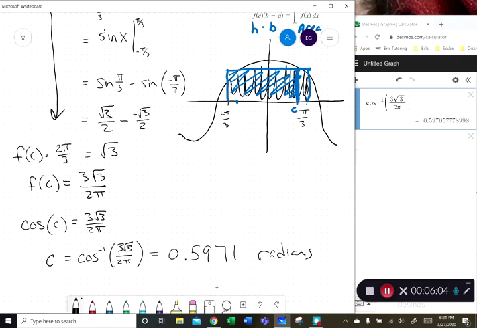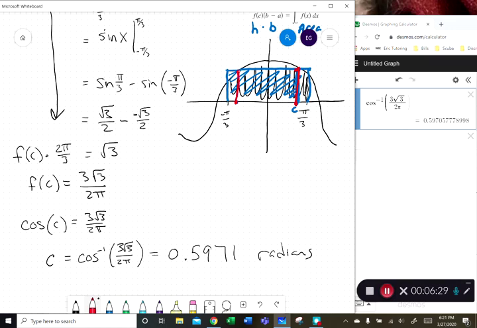You could also answer this question in terms of degrees, but that's not important. What is important, which you can see by my rough sketch up here with the blue rectangle, is that there are 2 x values whose corresponding y value would be the height of the rectangle.